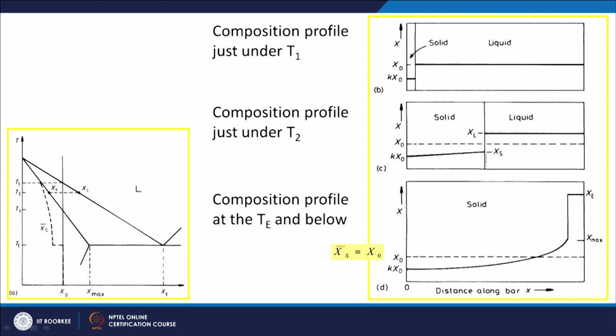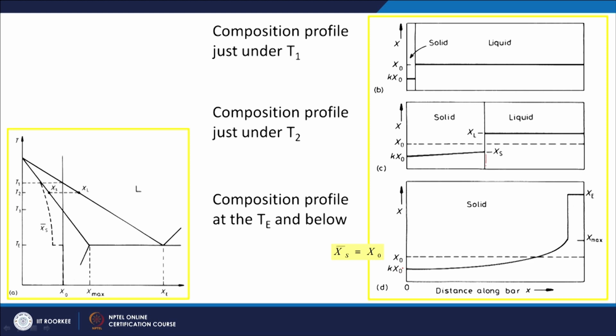So, what will happen, the composition in the solid is increasing from Kx naught, and slowly it will cross the x naught composition, and then suddenly it will increase and go up to Kx max, which is given by this, this is my x max, and the remaining liquid, last part of the liquid will transform with the eutectic composition.